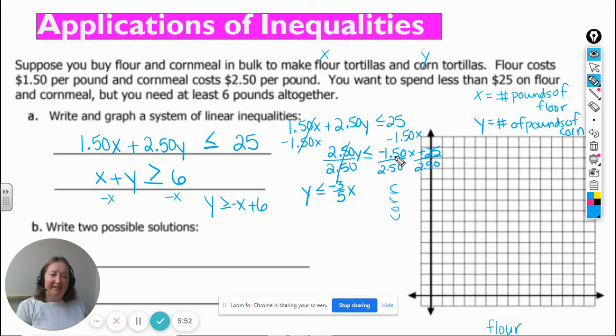So on Desmos, if you typed this in, there would be a little button over there, and you'd click it and it will give you this reduced fraction. Okay. And then 25 divided by 2.5, and that's going to give us 10. So we say plus 10.